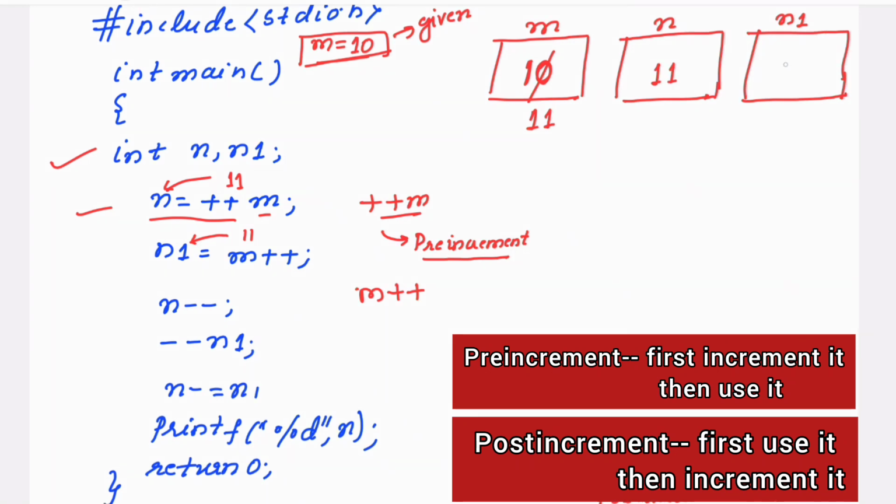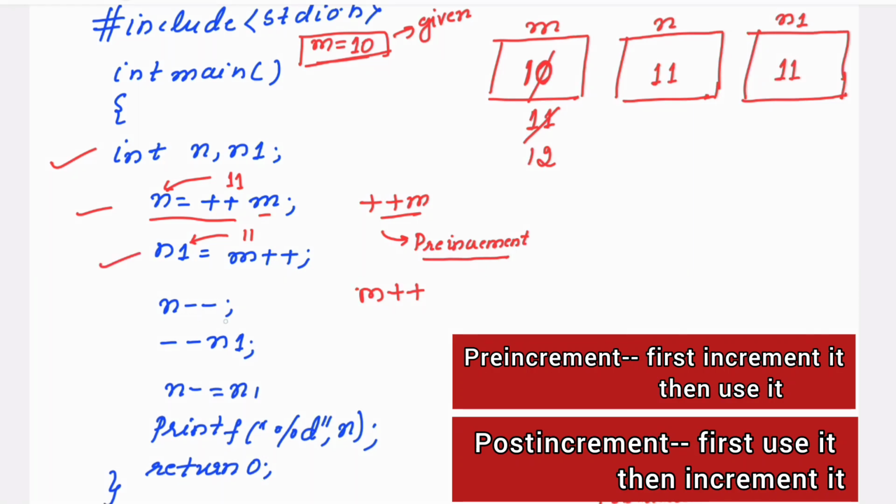So n1 will now hold the value 11. That means you have done the use it operation. Next is to increment. Increment the value of m now by 1. So first use it: assign the existing value of m to that variable. So you write 11 here, and then you do the next step, increment. The new value for m becomes 12 here.